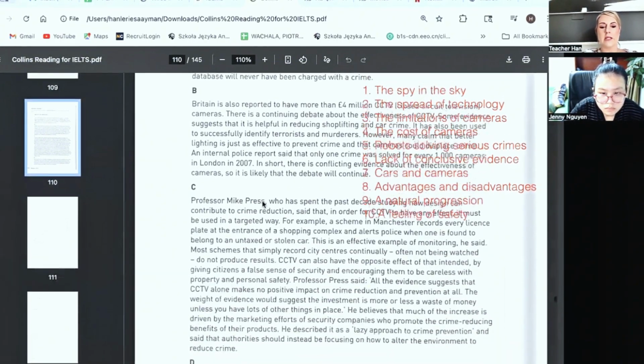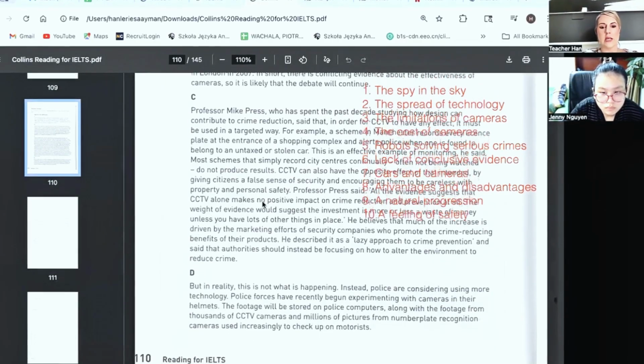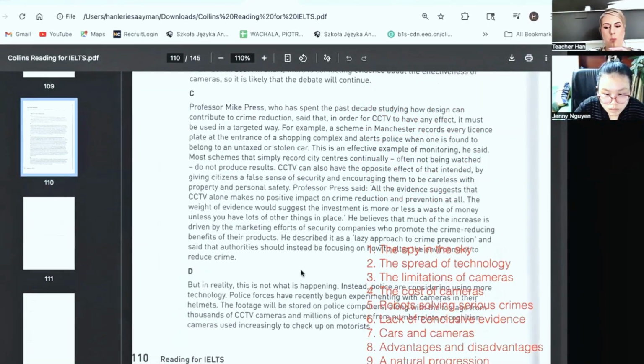What about C? Which one would you say is C? A feeling of safety. So what are they talking about? They're talking about cameras.